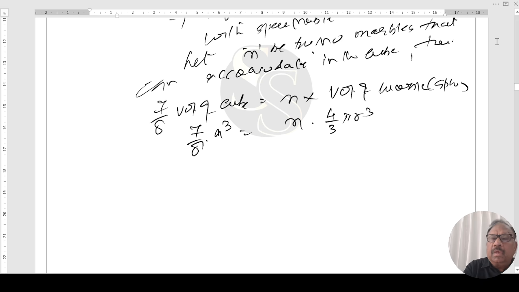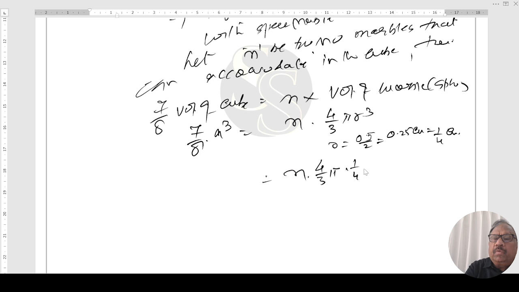According to the question, r in this case is 0.5/2, that is 0.25 centimeter, that is 1/4 centimeter. So n into 4/3 pi into 1/4 into 1/4 into 1/4.